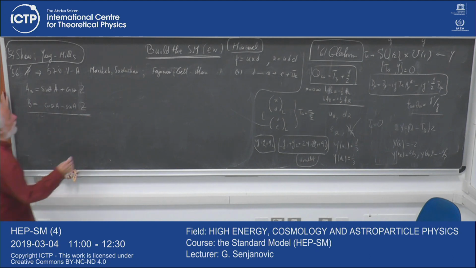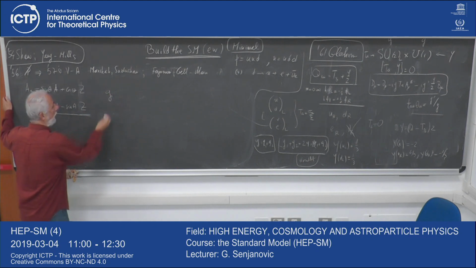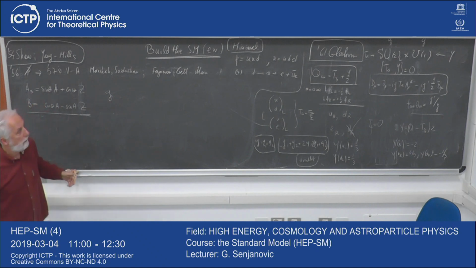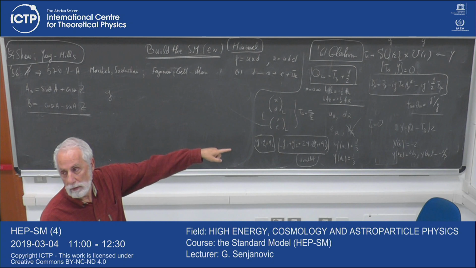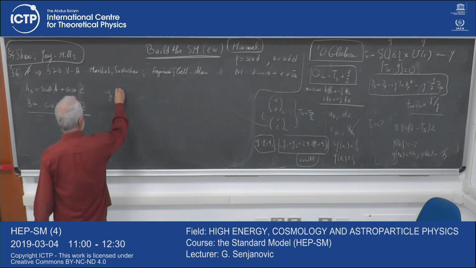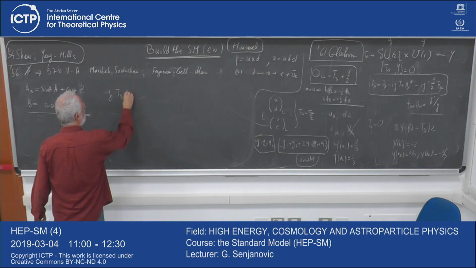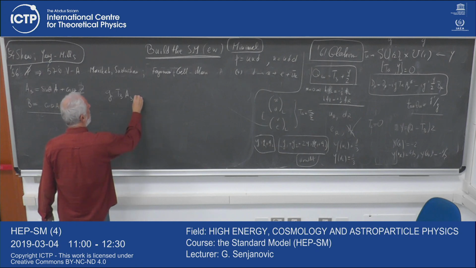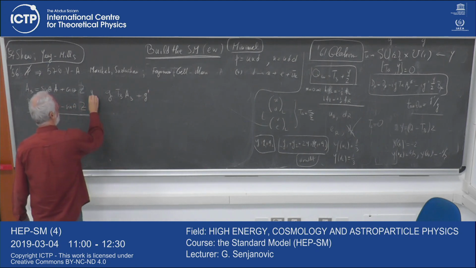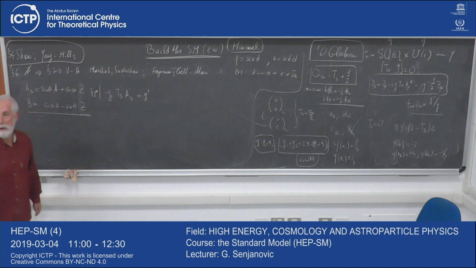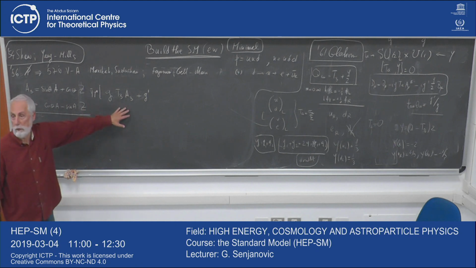So, the original interaction will be, remember from the covariant derivative, there's going to be g T3 A3 plus g prime, of course with some psi bar gamma mu, and there will be some mu index. I'm going to focus just on this one.